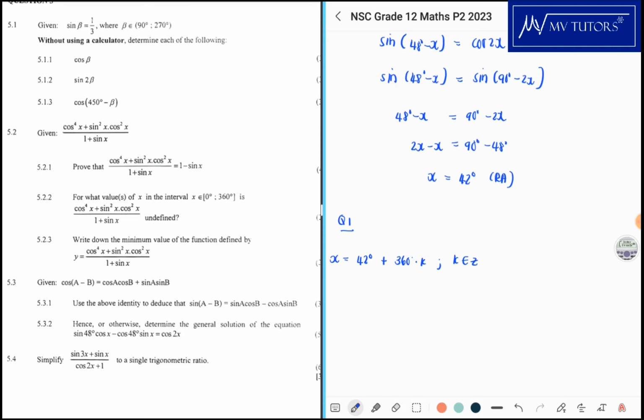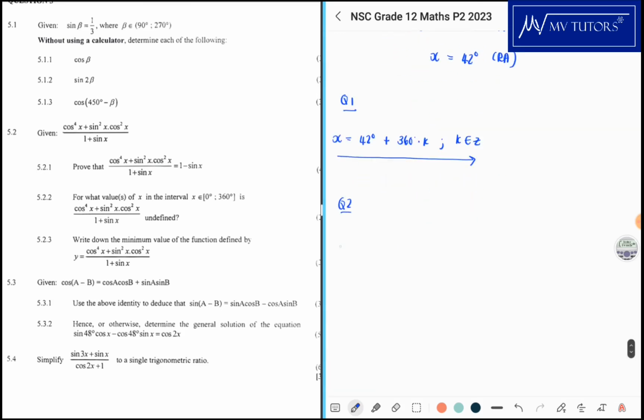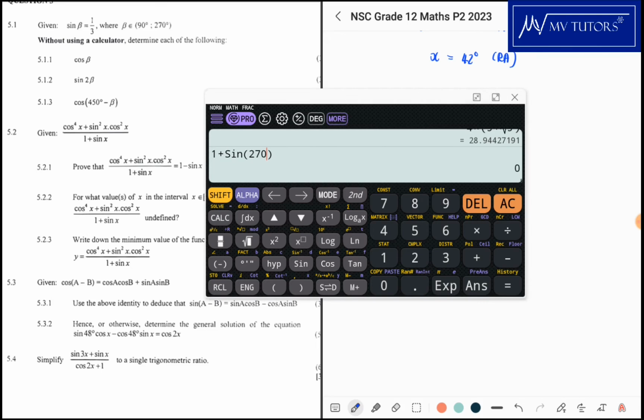Okay, so that is my first general solution. And then again in quadrant 2, that is where sine is positive. So I have x is equal to 180 minus 42, plus 360 times k, where k is an element of integer. And then what is 180 minus 42?